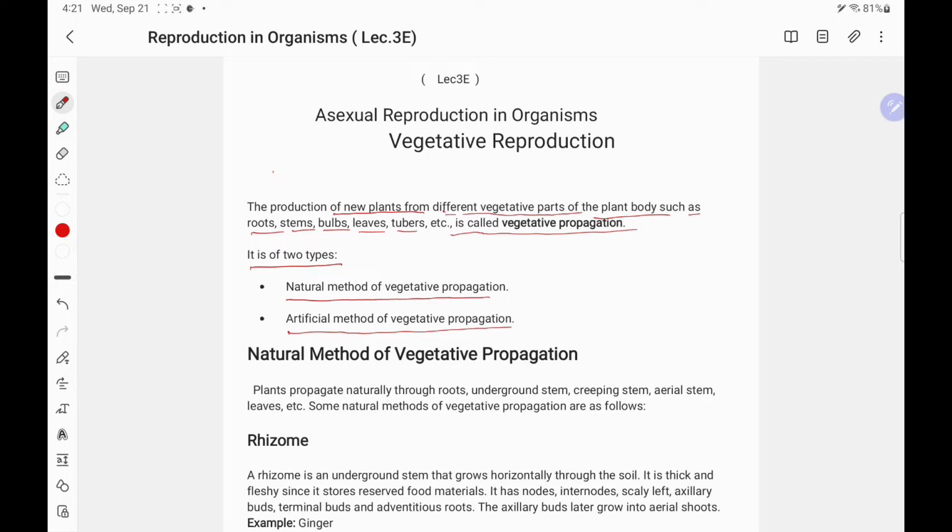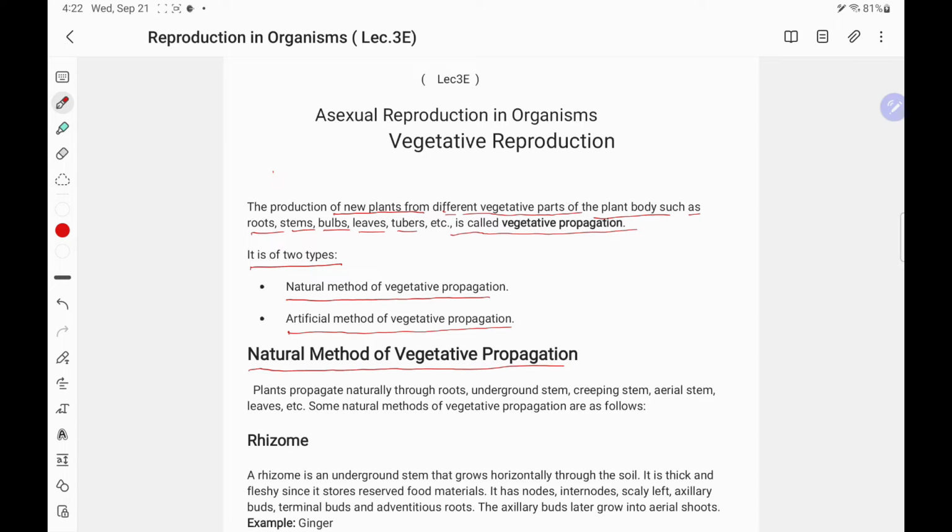Some plants reproduce vegetatively naturally, while some are man-made vegetative propagation. First, I will see the natural method of vegetative propagation.